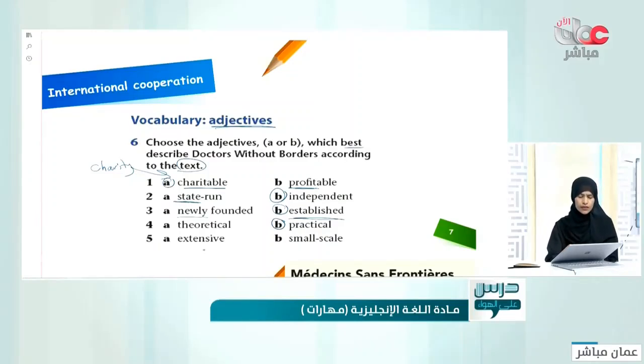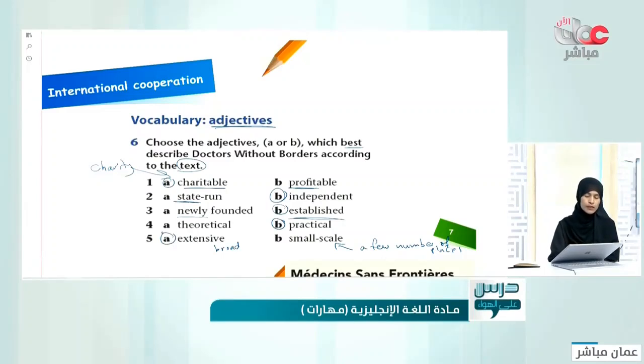The last one, extensive or small scale: does it only focus on a very specific or a few number of places? Or is it extensive? You can say broad, more broad and not just specific places.